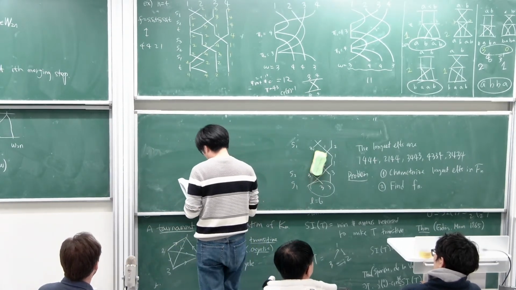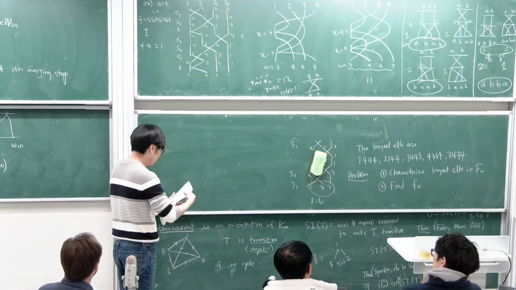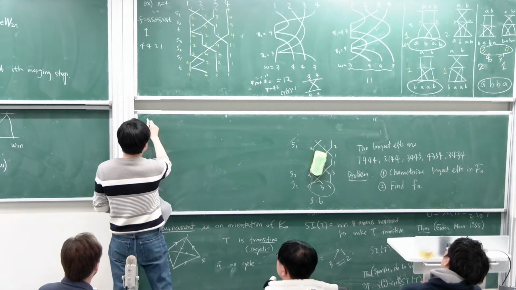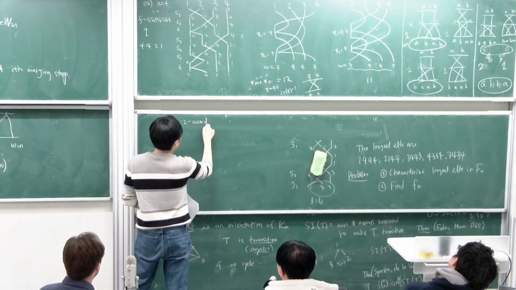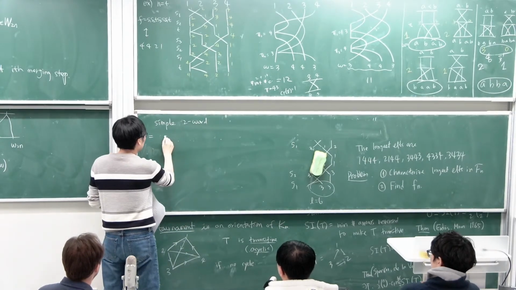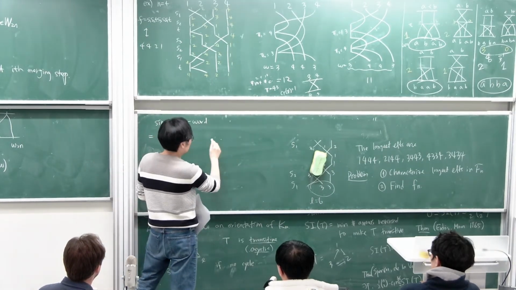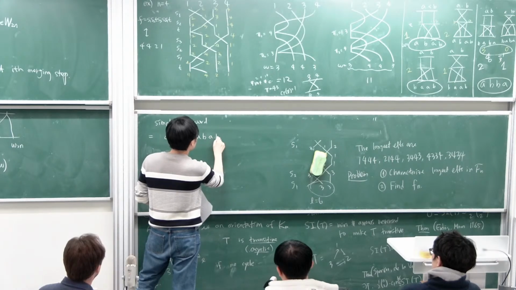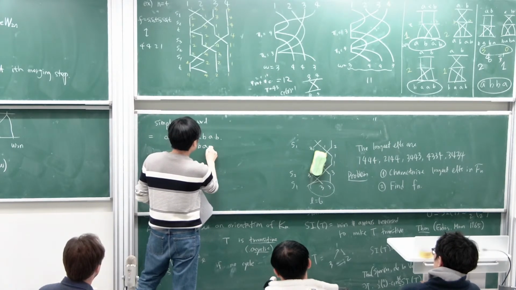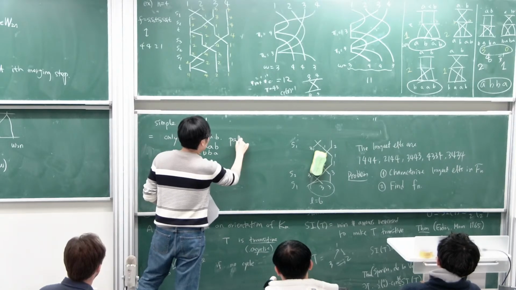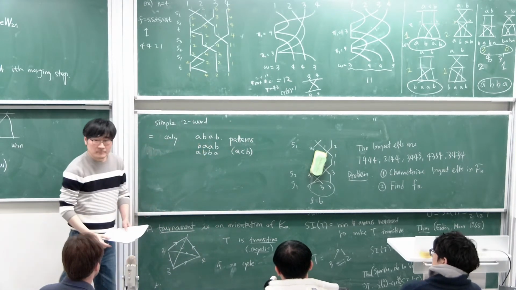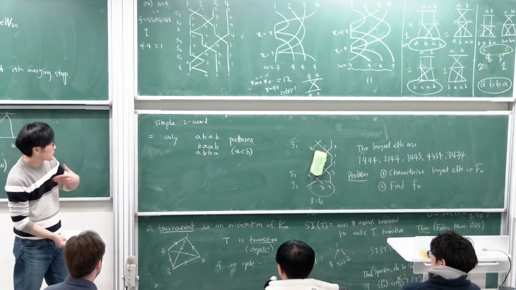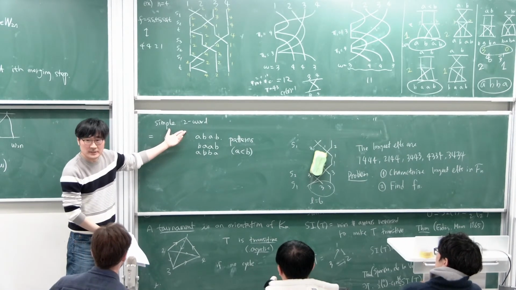So now a simple 2-word means only those ABAB, BAAB, ABBA patterns, where A is always less than B. We restrict ourselves to those simple words, okay?